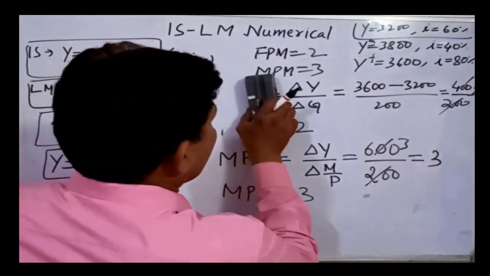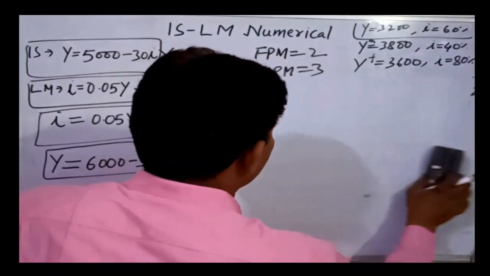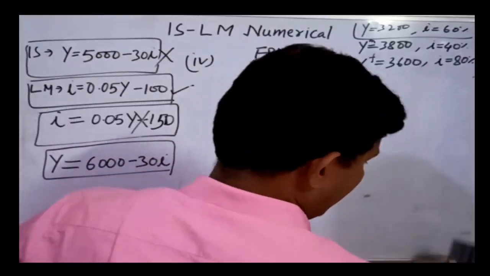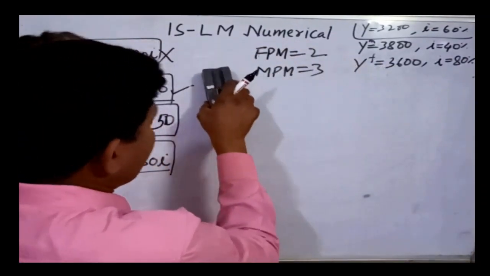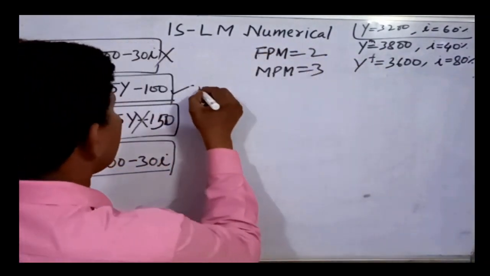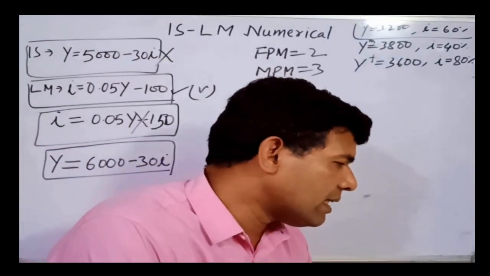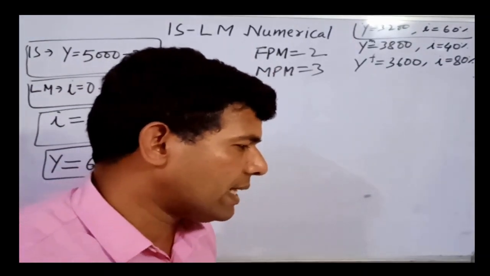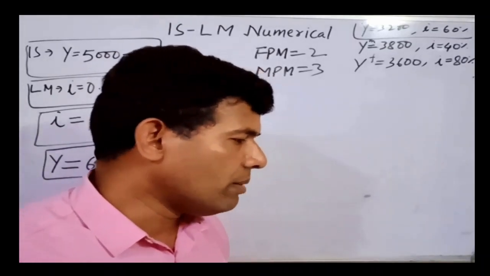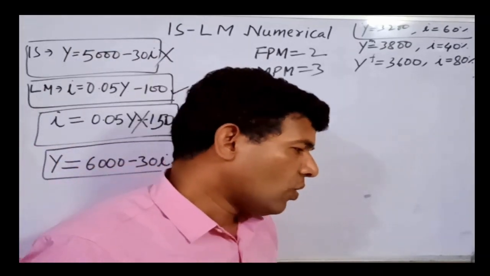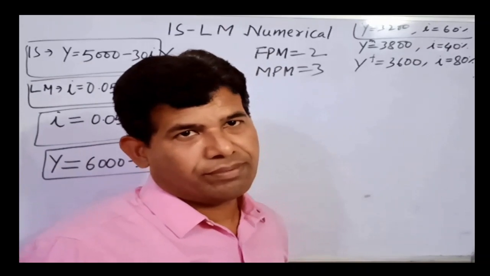Okay, now we have the 5th question. And what is the 5th question? It asks: compute the increase in government expenditure required to achieve full employment if the full employment level of output is 4,700.